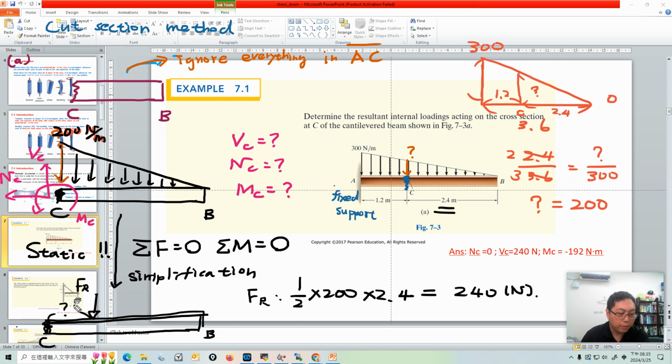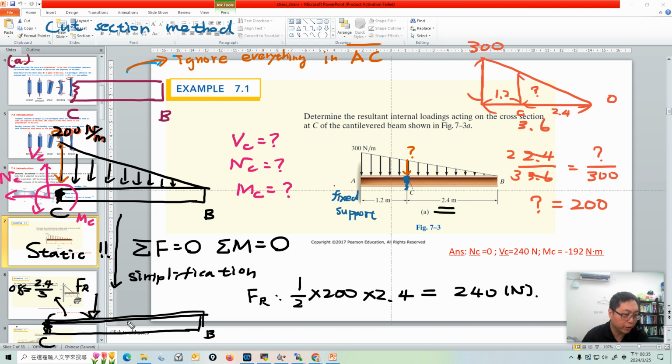And what's the position of the resultant force? This is a right triangle, so don't forget the conclusion. This distance must be 2.4 divided by 3, so it's 0.8.